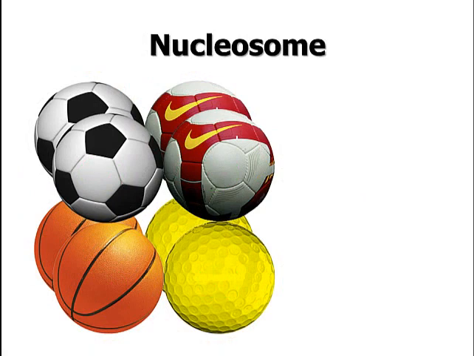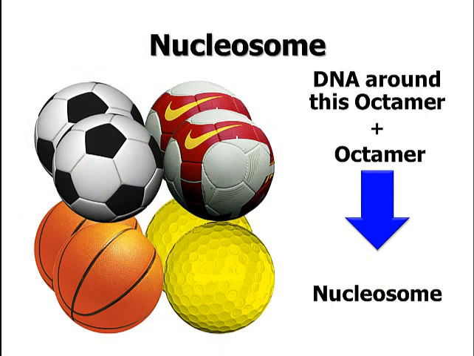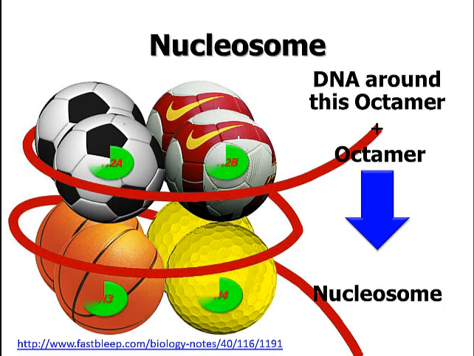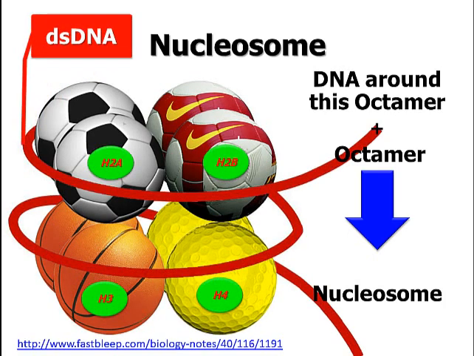Certainly you remember what we said about the nucleosome. DNA around this octamer plus the octamer itself makes the structure of the nucleosome. So, let's turn DNA around our histone octamer. As a matter of fact, this is double-stranded DNA and it turns 2 times around this octamer.